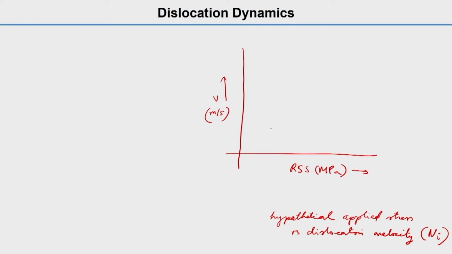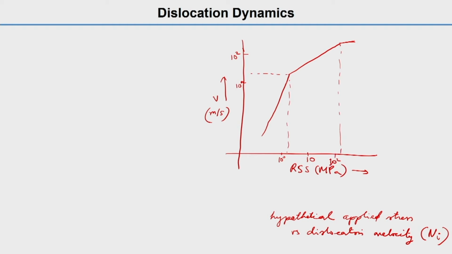If you see for nickel, I will not write the scale here, so maybe we can write the straight line behavior. It looks something like this. This point will probably be somewhere between 10 to the power 0 and 10 squared, and this point is somewhere above 10 squared.